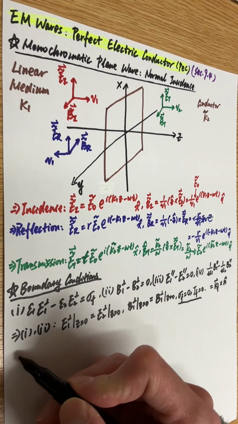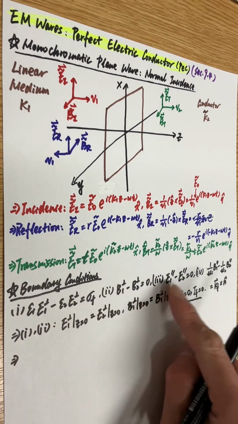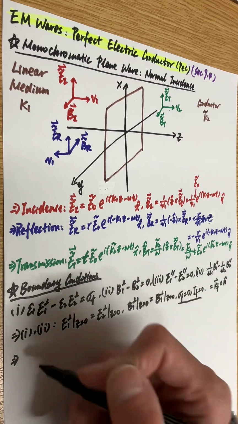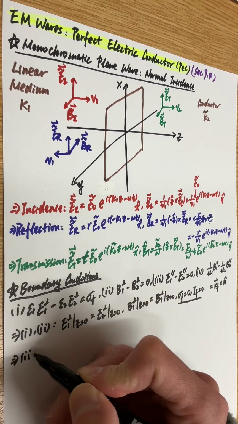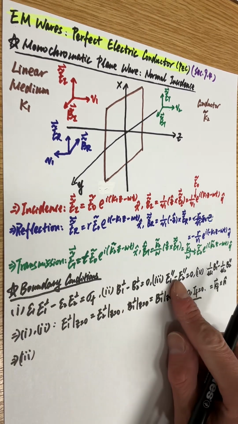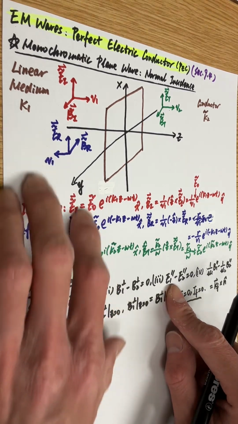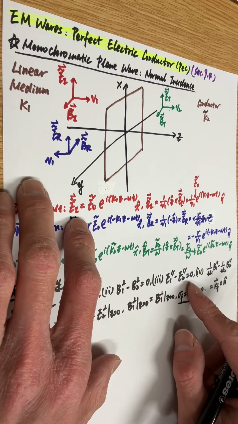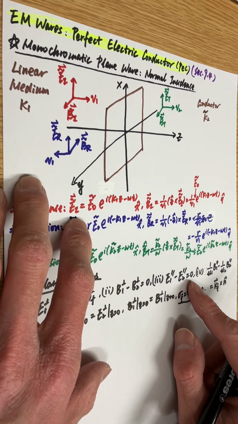So now the parallel component, for the third boundary condition, we have the parallel component of the electric field on the left equals the parallel component on the right.